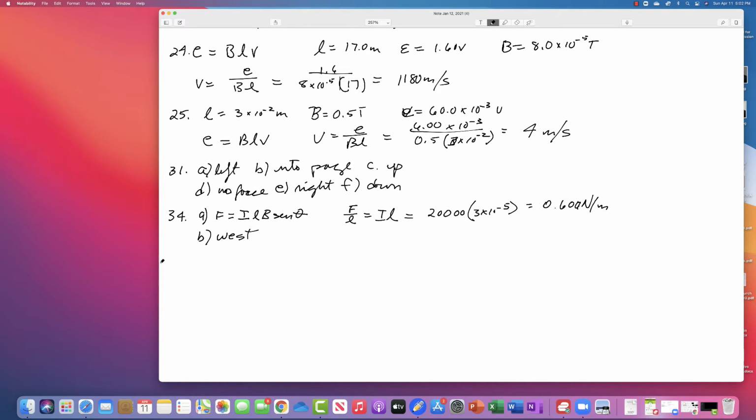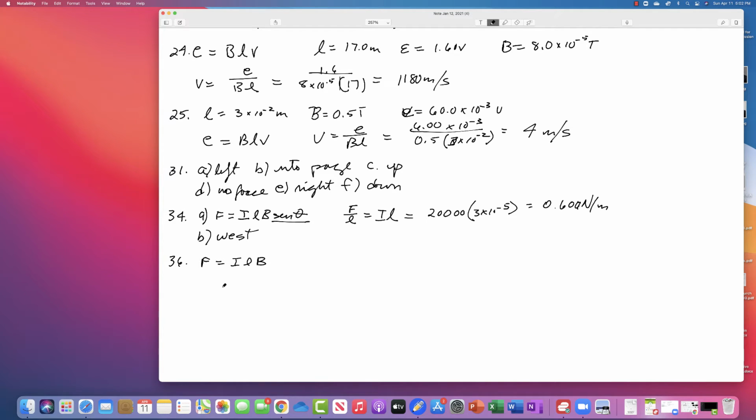Number 36 states, what is the force exerted on water in an MHD drive utilizing a 25 centimeter diameter tube if a 100 amp current is passed across that tube, perpendicular to a 2 Tesla field? Basically, again, we use this formula.